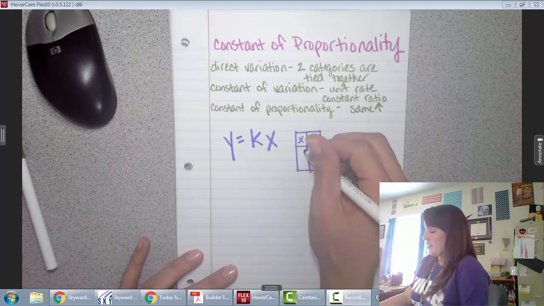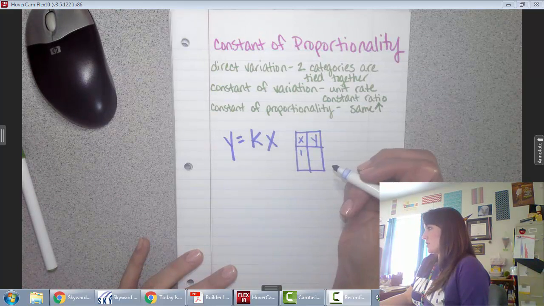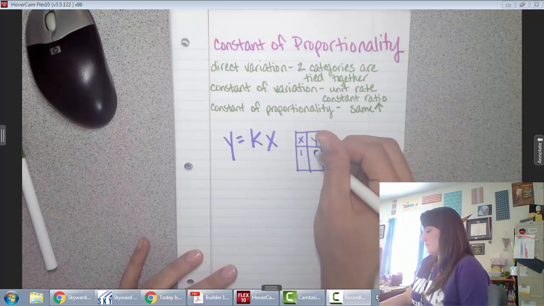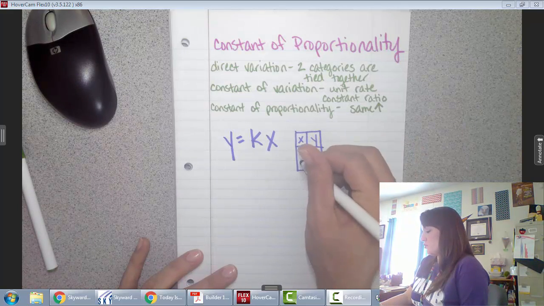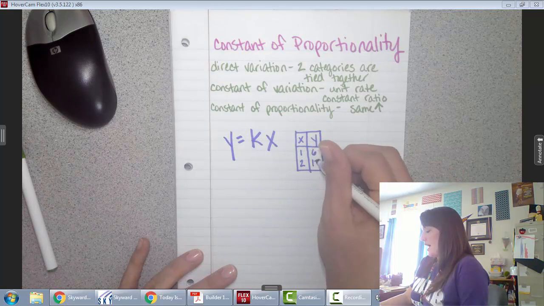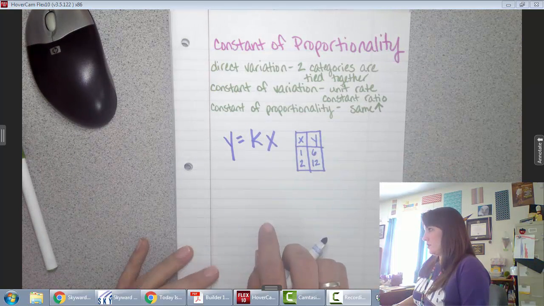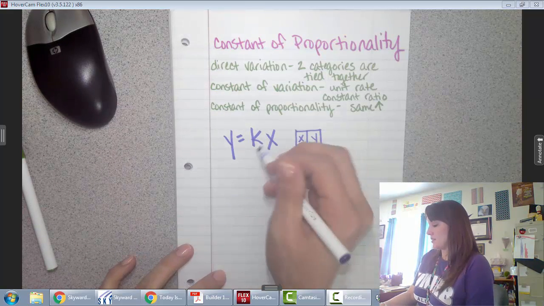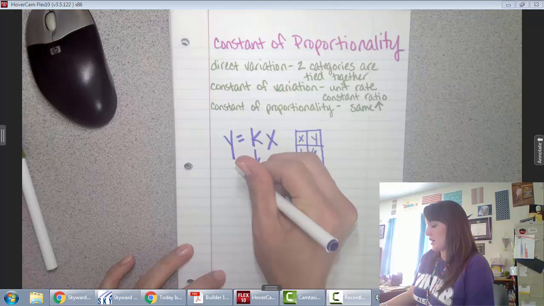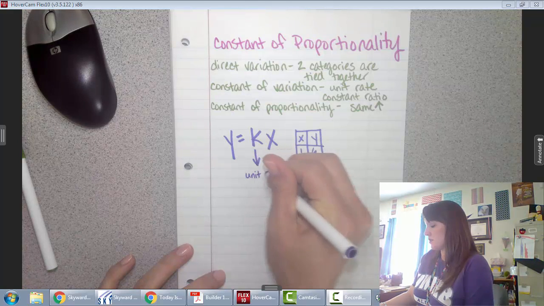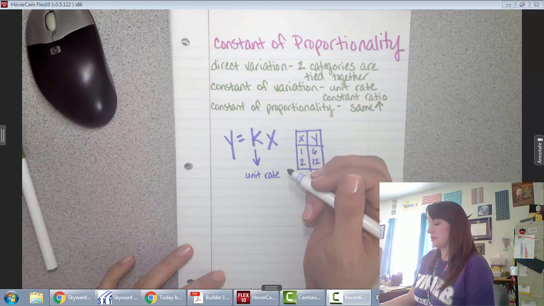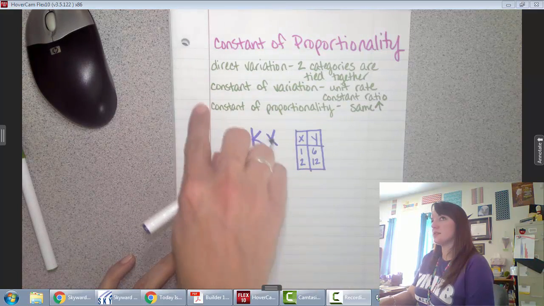So if I buy one shirt for $6, how much is that shirt? $6. So 2 shirts would be 12. How did you get from 2 to 12? You multiplied by 6. That's what K is. K is the unit rate, or you're going to see it called these things.